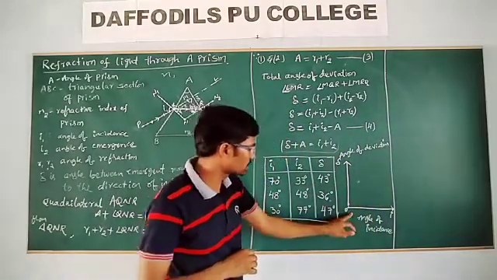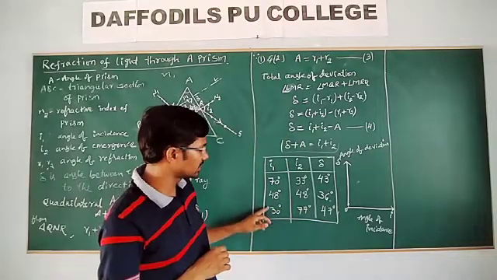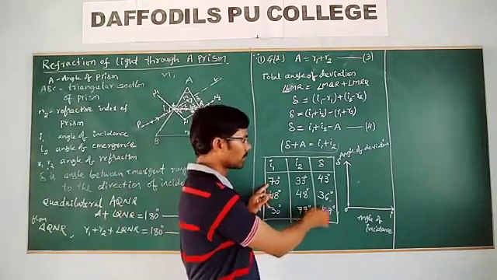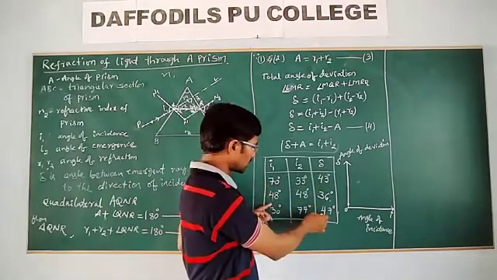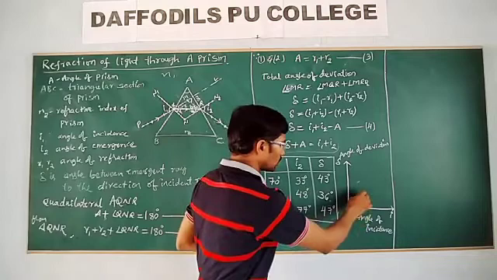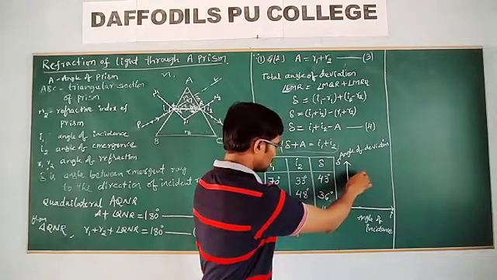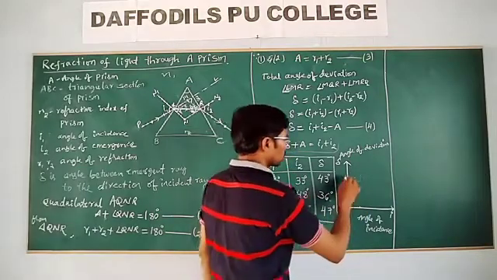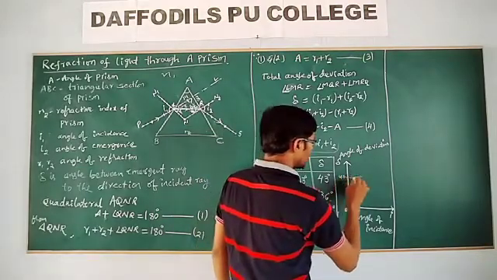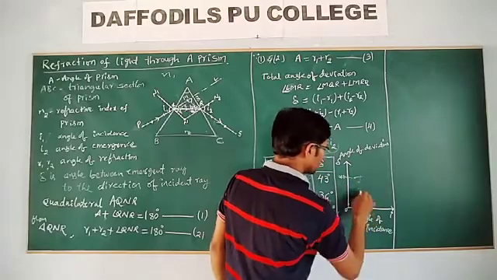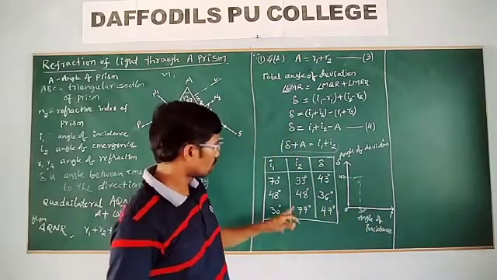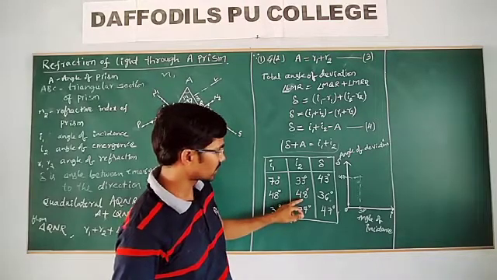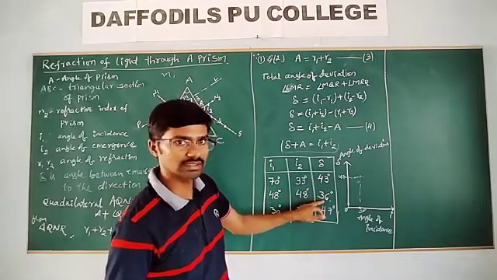Now, as the angle of incidence increases, what happens to the deviation? First, corresponding to 30 degrees, the deviation is 47 degrees. Let me mark 47 degrees corresponding to 30. Now for 48 degrees, the deviation is 36 degrees.